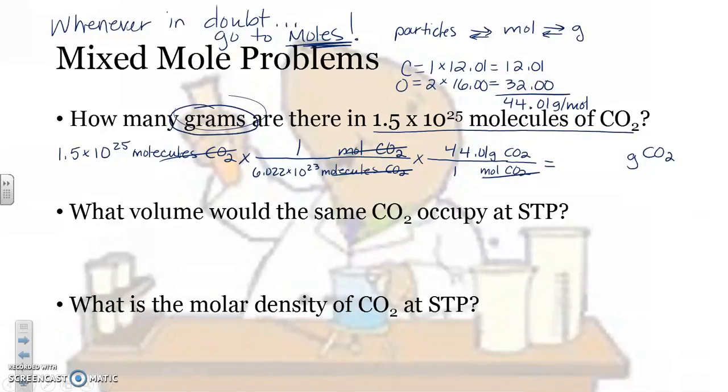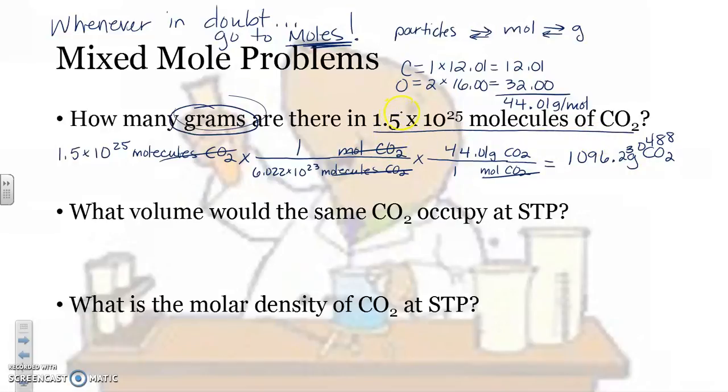So 1.5 times 10 to the 25th divided by 6.02 times 10 to the 23rd, and then we multiply that by 44.01. I think I might have done that wrong. Okay, and the calculator gives us 1096.230488.